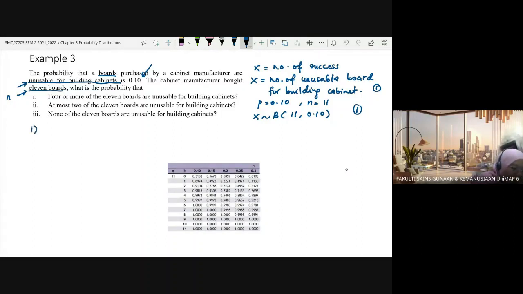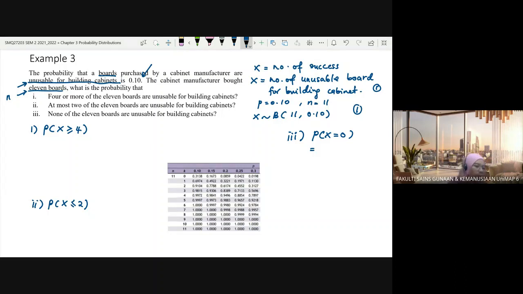So Roman 1 will be P(X ≥ 4). Roman 2: at most 2 of the 11 boards are unusable. At most 2, so P(X ≤ 2). Roman 3: none of the 11 boards are unusable. So in this case, P(X = 0).